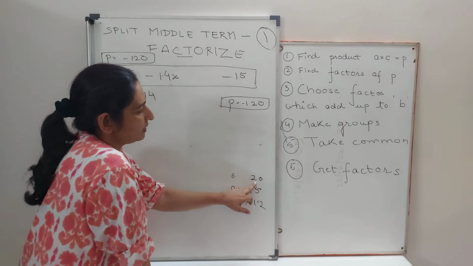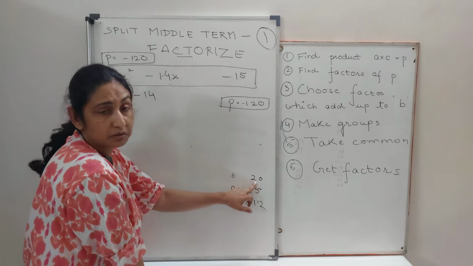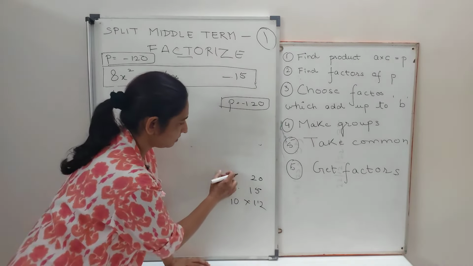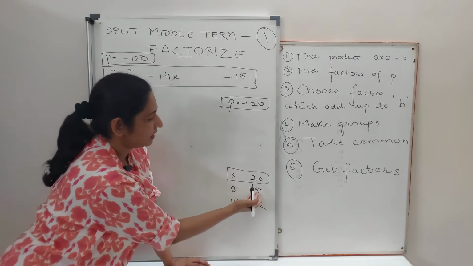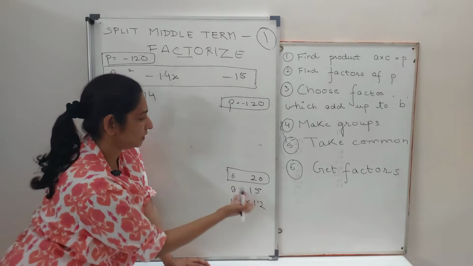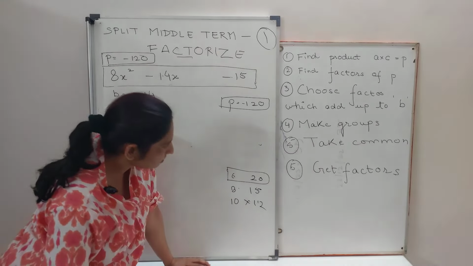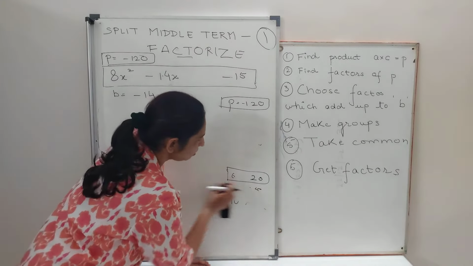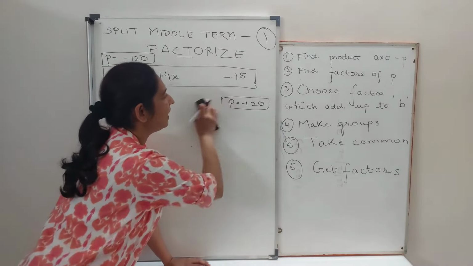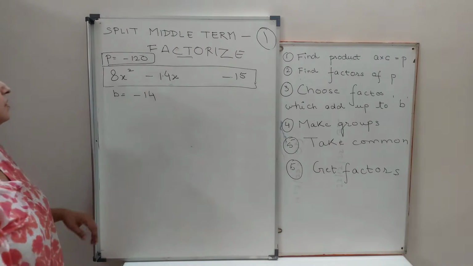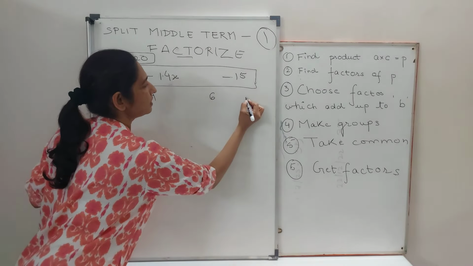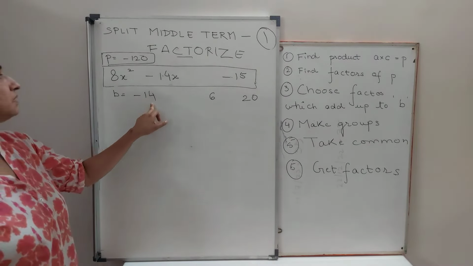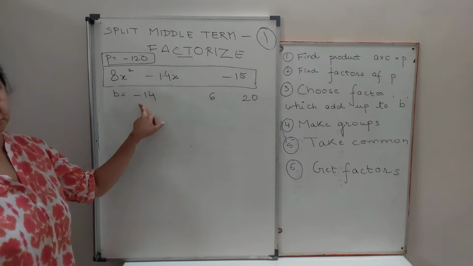Now 6 and 20. Addition gives 26, but subtraction gives 14. Important. Addition gives 23. Subtraction gives something, but not 14. So the only factor pair which can give us B is 6 and 20. Now how will it give us minus 14?